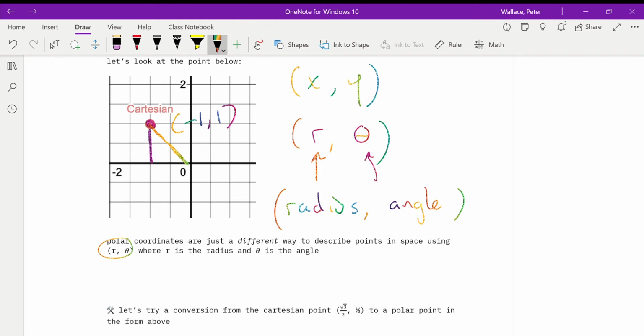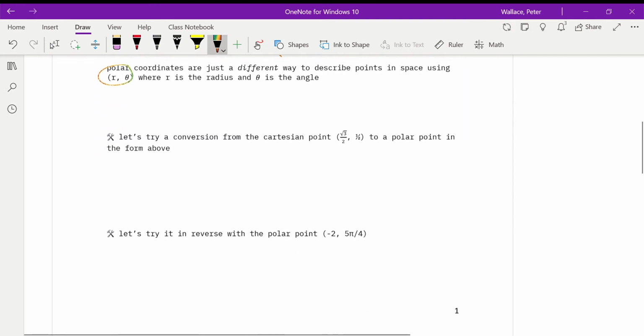So we now have a triangle with an angle, theta, and then we have our radius, which is going to be the hypotenuse of our triangle. So we have, in Cartesian, an x side and a y side, and then we have this radius.